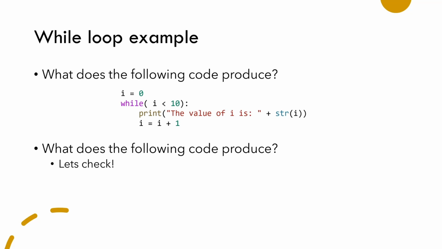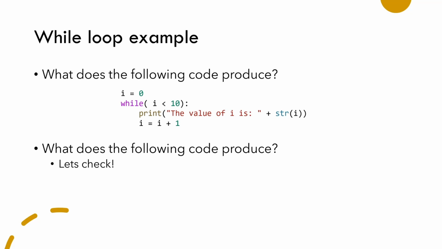And then the code block within that while loop prints out a statement that just displays what the value of i is, and then we increase the value of i by 1. Now, is this what actually happens? Is this what will happen when we run it? Think of what I've said so far about while loops and how they behave. Is the way that I just described this code block the correct way? Is that what is actually going to happen?